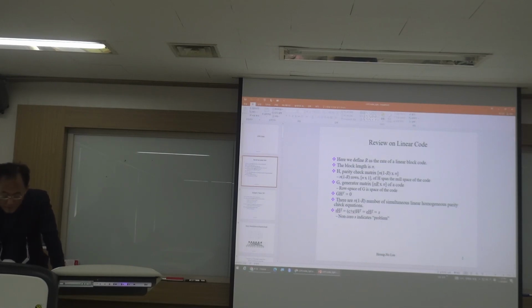So after you have done that, then basically we can talk about R, which is the code word plus error, right? So R is a received word, and C is a code word. Code word is a linear span of G. So with the generator matrix, you can create a code word.